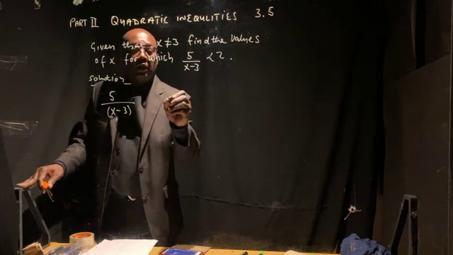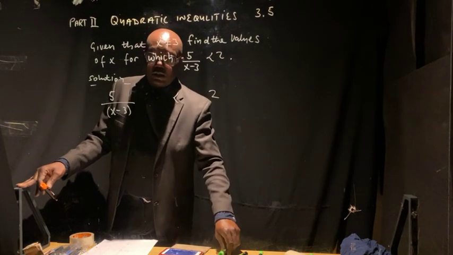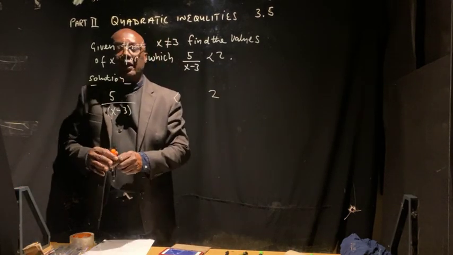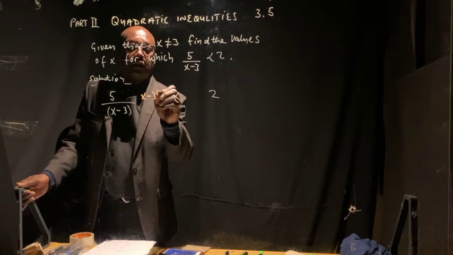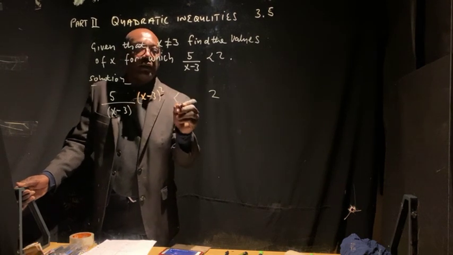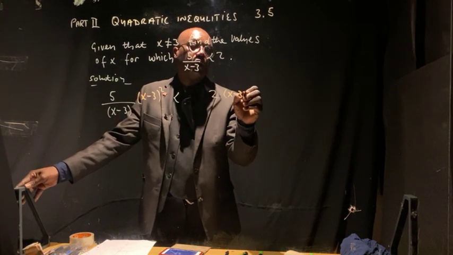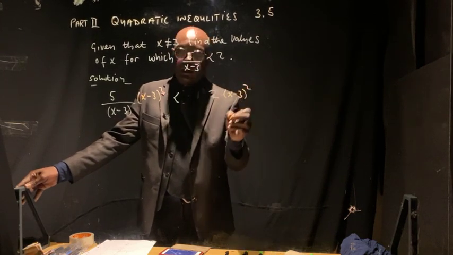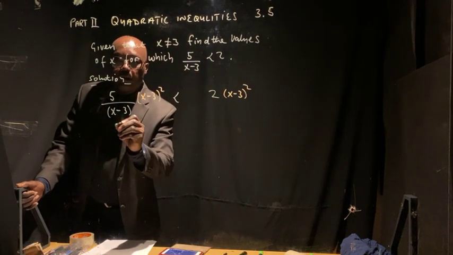We can also write this one like 2. We are going to multiply both sides by x minus 3 squared. x minus 3 squared.